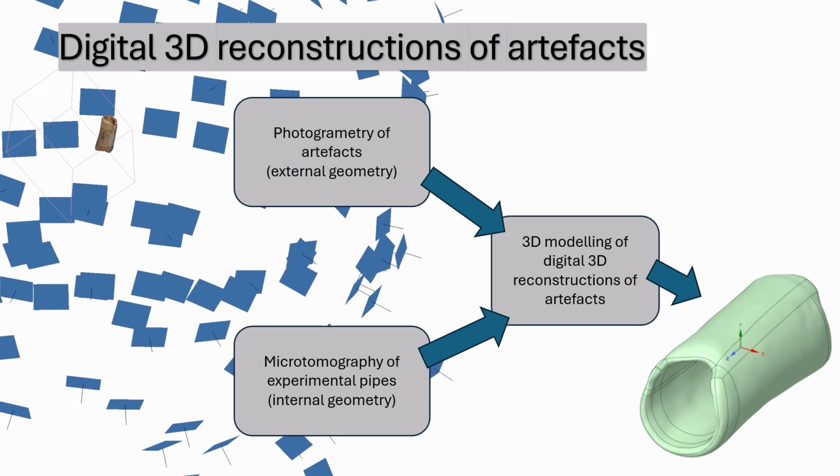Digital 3D reconstructions of the artifacts were given internal geometric surface made from fresh tubes made from bird bones, B3, and from fresh tubes made from mammal bones, B1 and B2, respectively.